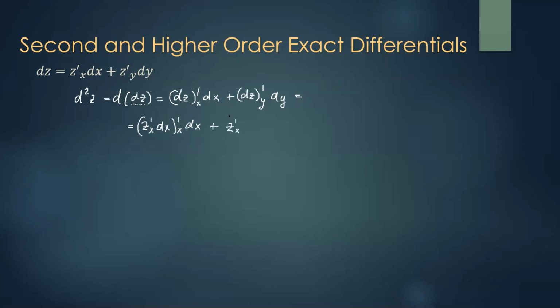So z derivative by x, differentiate by y, dy, that would be this part differentiated both by x and by y, and now I'm taking care of this part. I will differentiate this by x and by y. So it is derivative by y differentiated by x, dx, and sorry, just a moment.